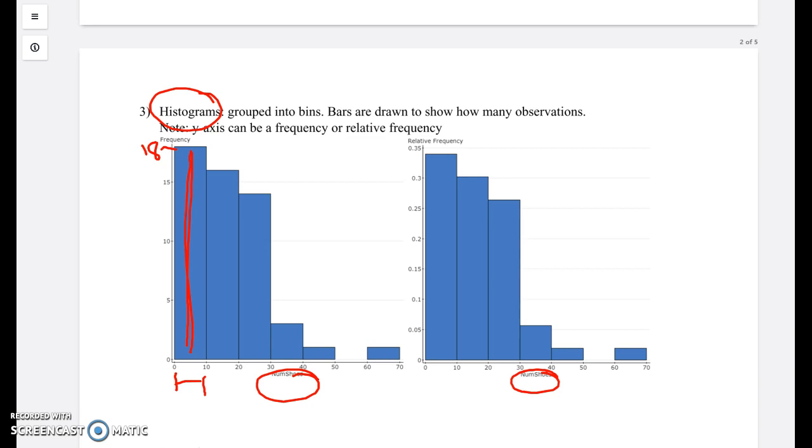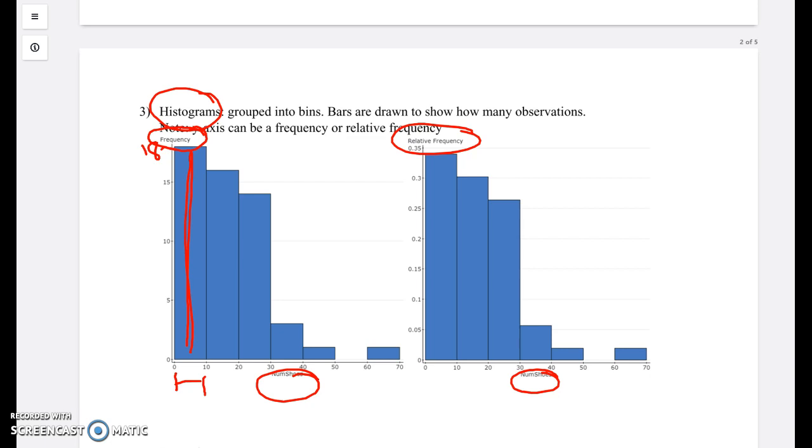If you notice here, something you have to be very careful with is this: this is frequency and this is relative frequency. Frequency is just the number of people we have within that particular category. So this is 18, since there were 18 people here. Relative frequency tells you how frequent that was.